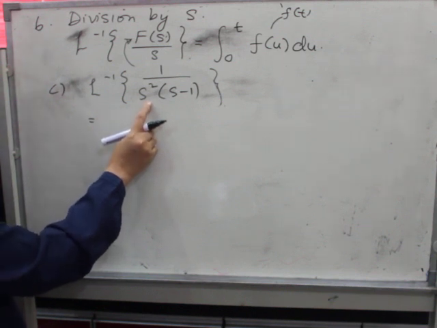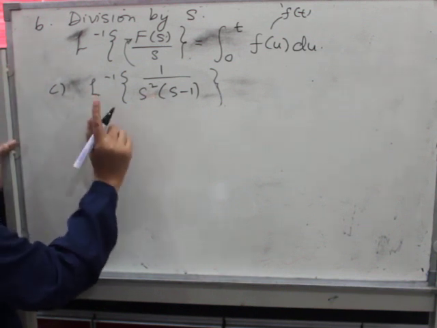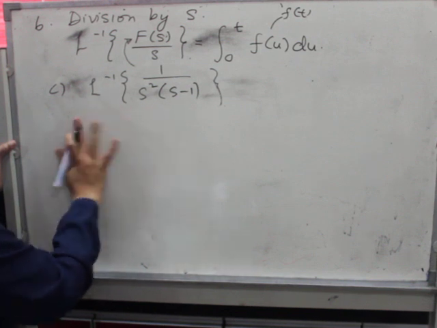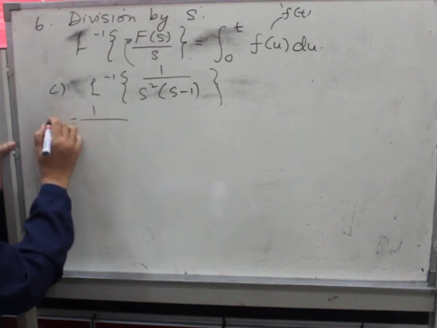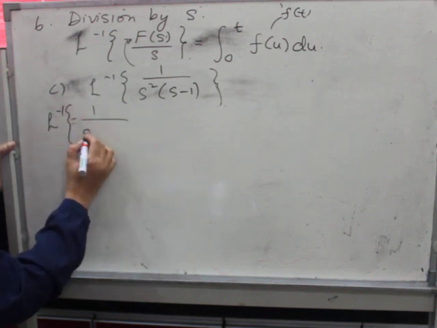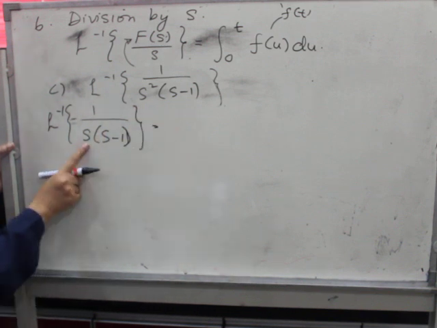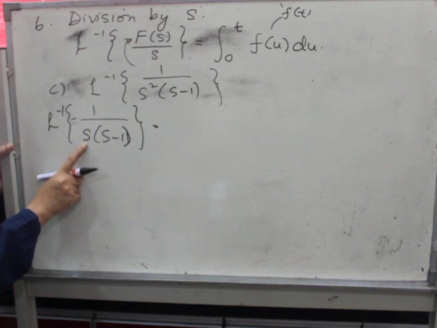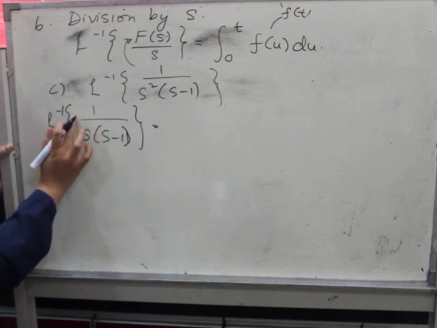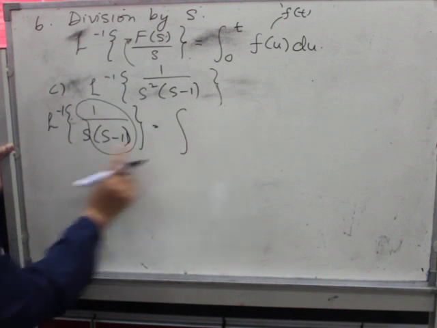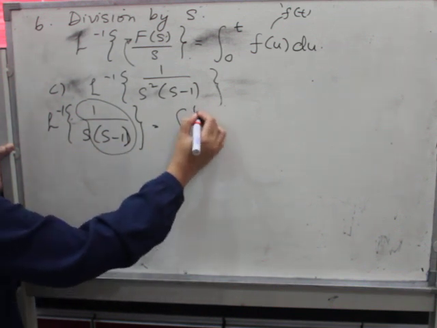So what we do is find the Laplace inverse of 1 over S minus 1 first. Just take division by S first, like this. Now we identify your F(s). So we integrate, because we have division by S, from 0 to t.